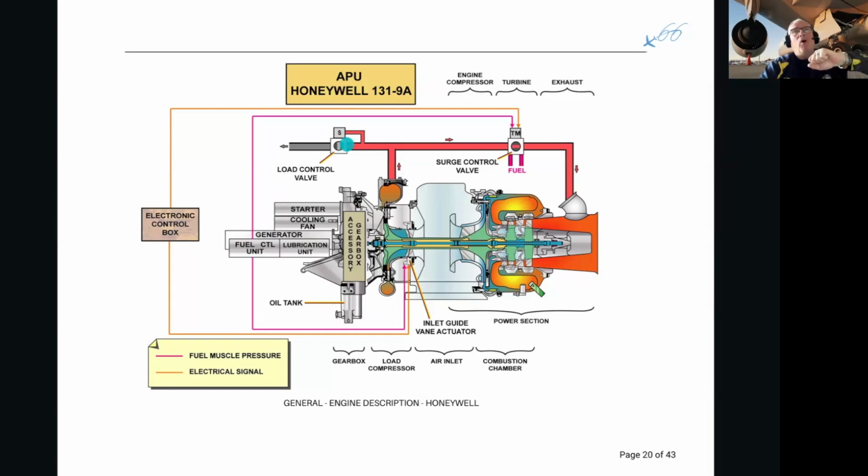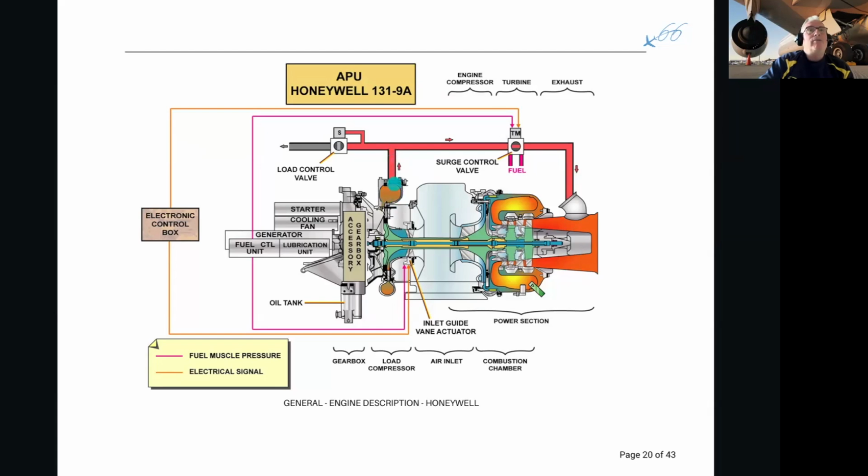Then we're going to pump up the load. But at the moment, you need to provide 28 psi of air in the cabin. So the load control valve is commanded to open to allow 28 psi through into the cabin or to the packs. However, the engine is producing 40 psi coming out.